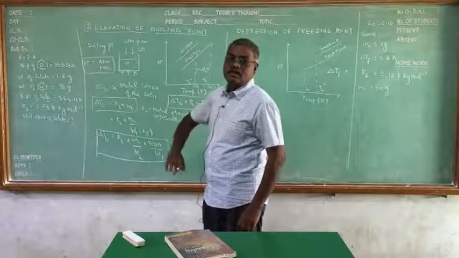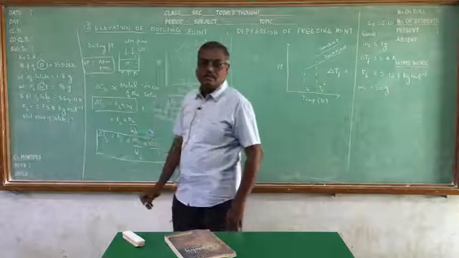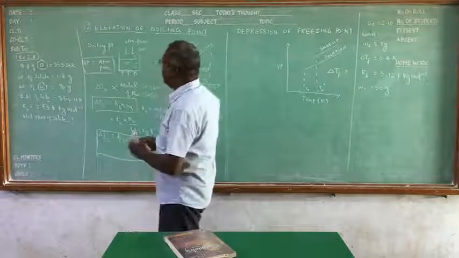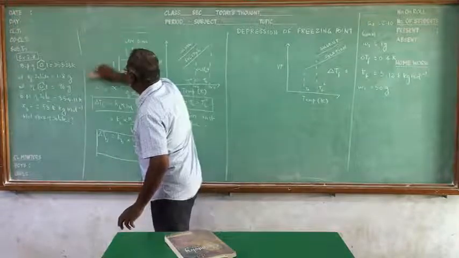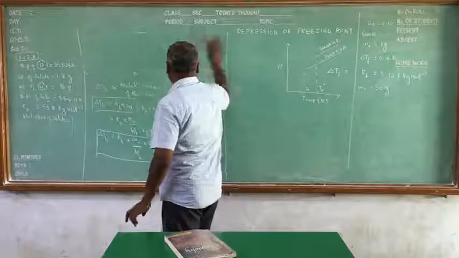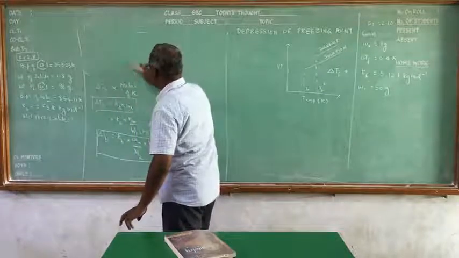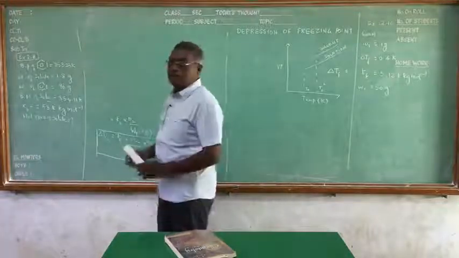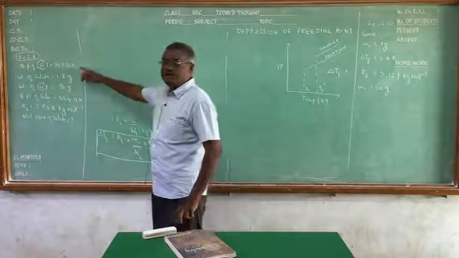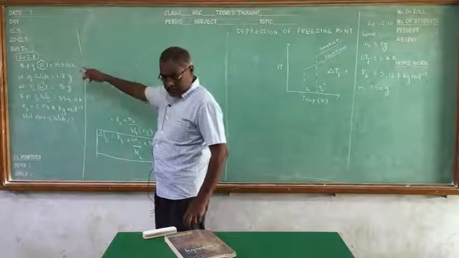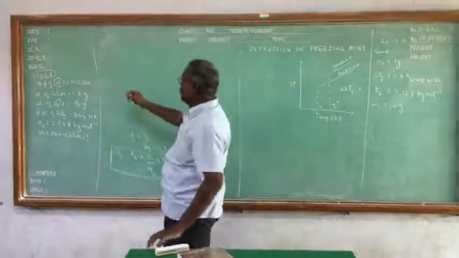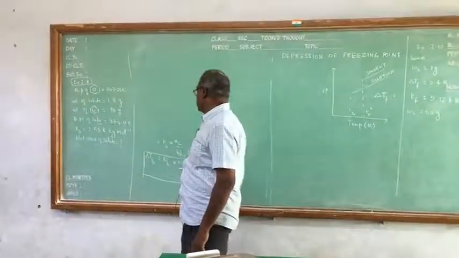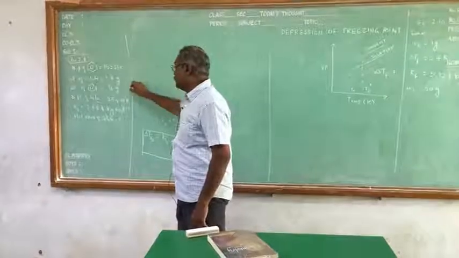Again, based on this, we have problems in this lesson. Problems are very important. Here is example 2.8, we will work out one problem. In this problem, the boiling point of benzene is given as 353 K. Benzene is the solvent.